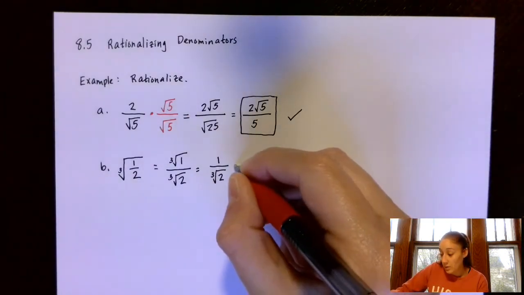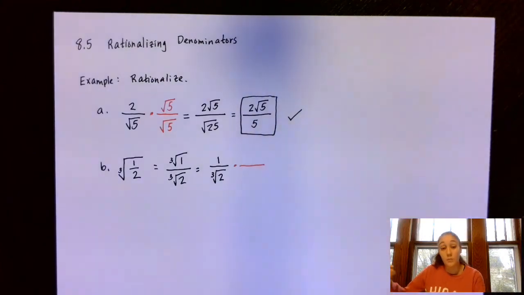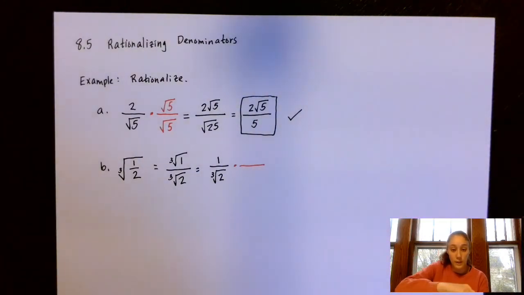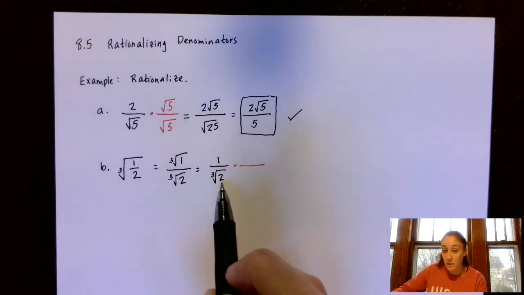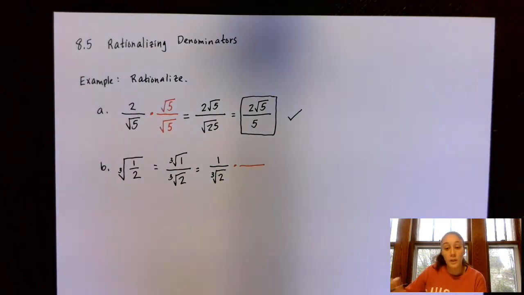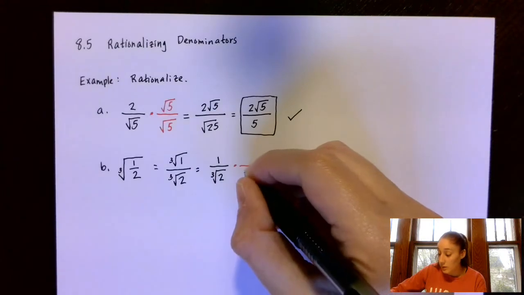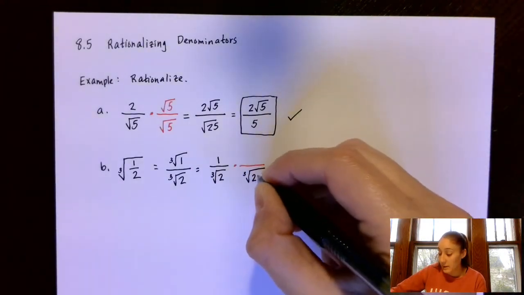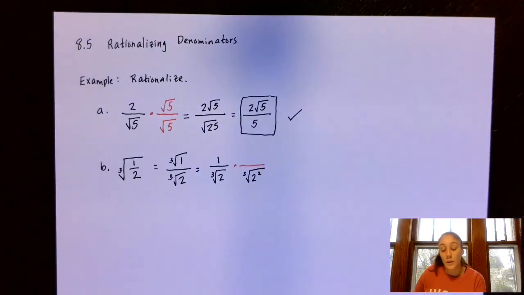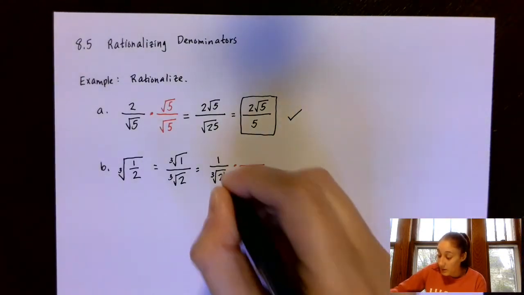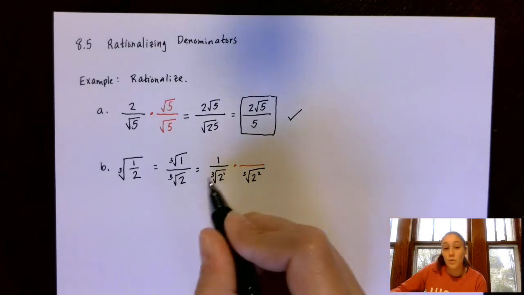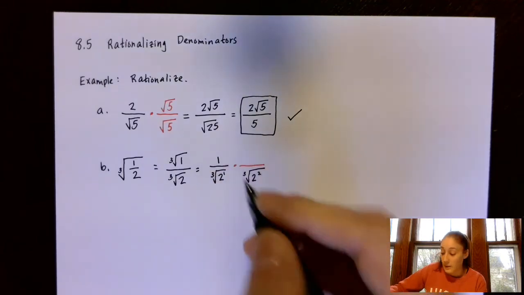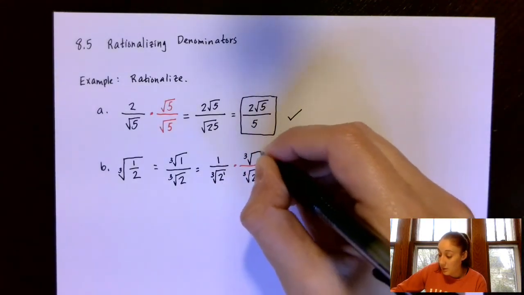What would complete the group is 2 more 2's. I already have 1, and if I had 2 more, then I'd have 3. So I'm going to multiply by 2 more 2's, and do the same thing in the numerator.